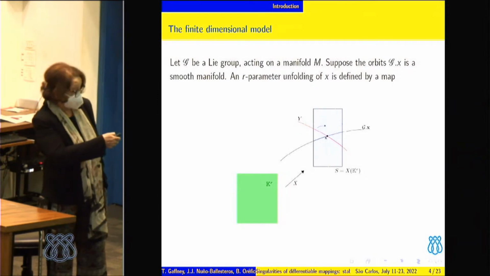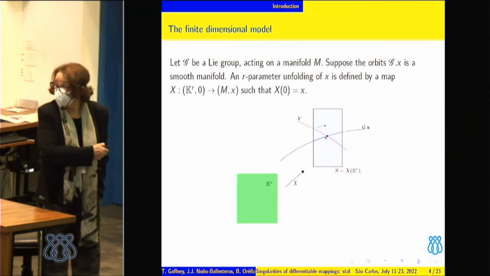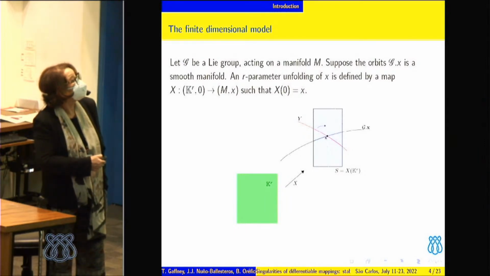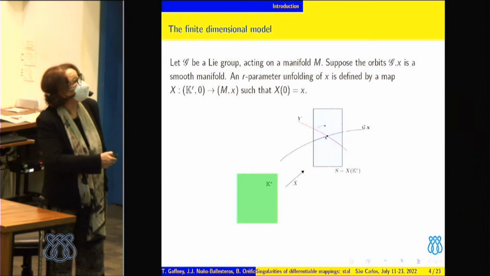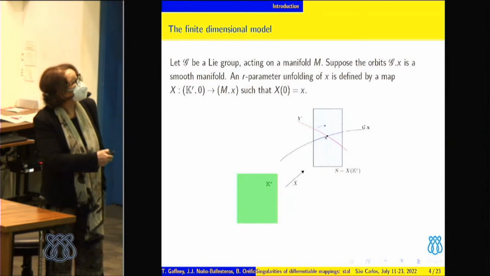So I'm mapping X from R^r to M, such that X at 0 is the point x. So this parameterizes an unfolding of the point x. This is the blue here in my picture, right?